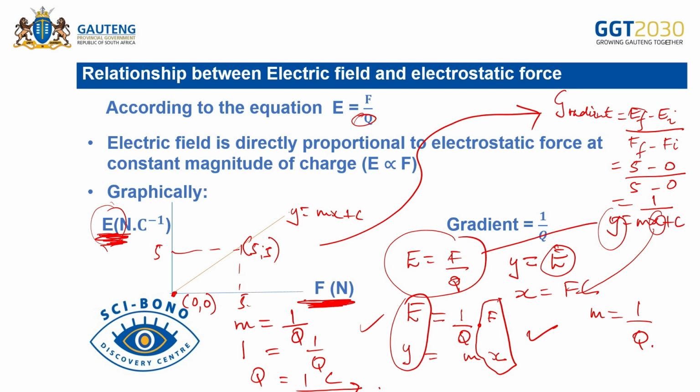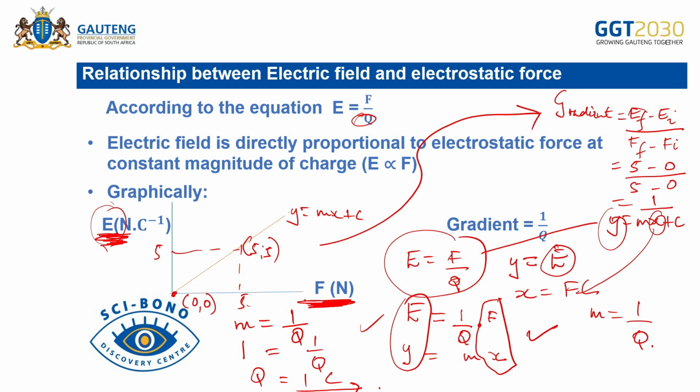Dependent variable, independent variable. Another secret is the area and the gradient. In this case, there's no physical quantity represented by the area. There is a physical quantity represented by the gradient. The gradient in this case represents the inverse of the charge. So if it represents the inverse of the charge, then I can get the charge using this graph.